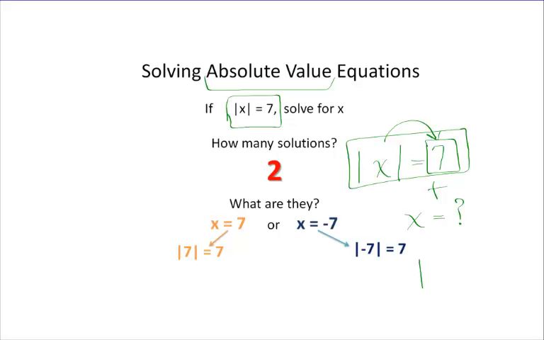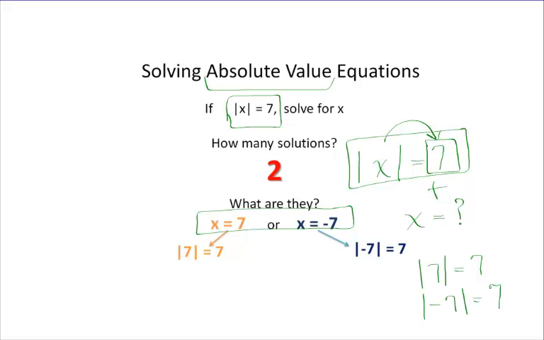Well, there were 2 of them. That's a true statement, but that is also a true statement. There were 2 possibilities of how we would get a positive 7 out of that absolute value operation. That's why this particular absolute value problem has 2 solutions.